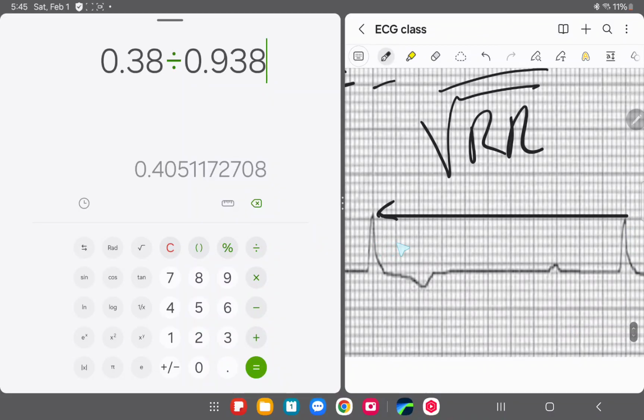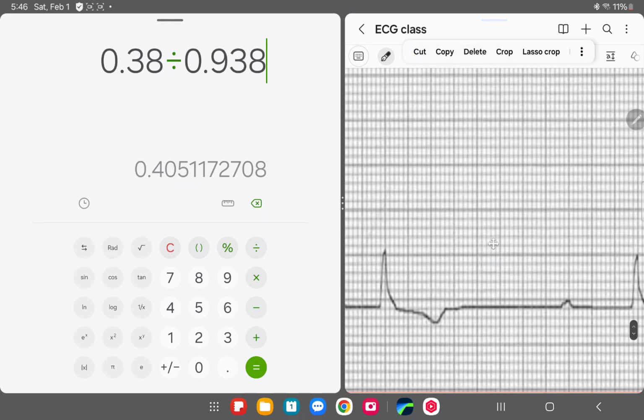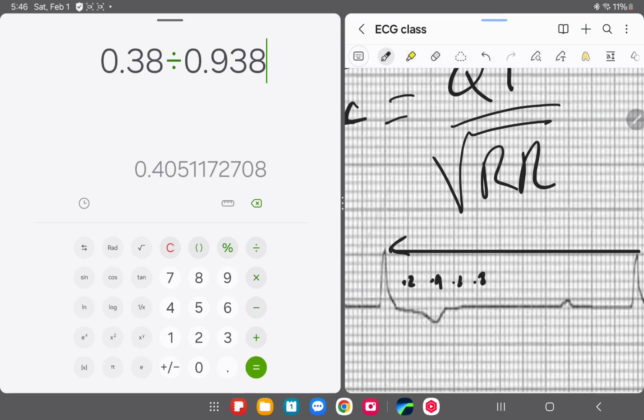This is 0.2, 0.4, 0.6, 0.8, 1, 1.2, 1.4, 1.6, 1.8, 2.0, about 2.2.